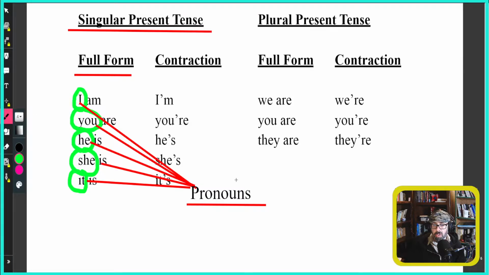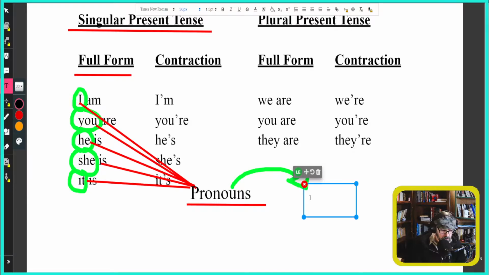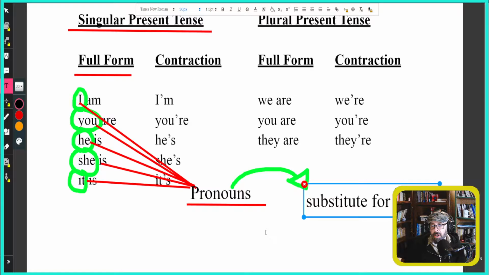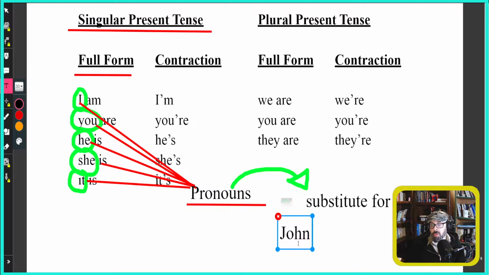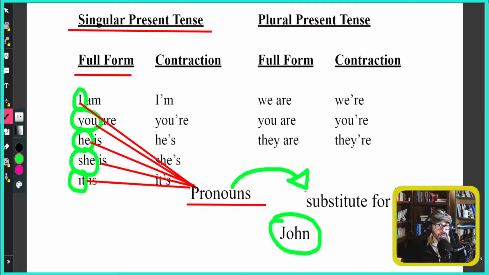Okay, well, a pronoun is a substitute for a noun. Okay. So a formal noun, for example, might be the name John. Okay. So instead of saying John, which is a name, a formal noun, a name, his name is John. Okay. Instead of saying John, I can substitute for the noun John by saying he.